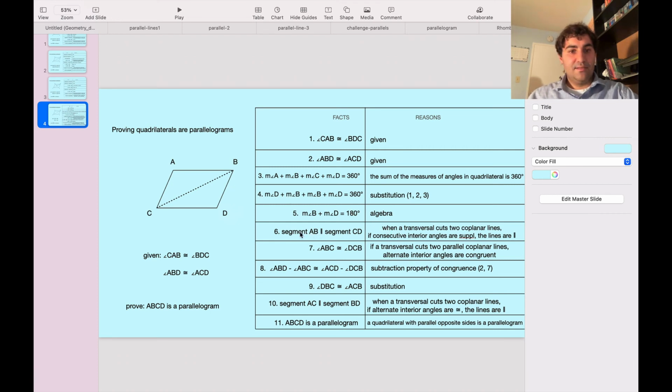So we know that segment AB is parallel to segment CD. We also know that if a transversal cuts two parallel coplanar lines, then alternate interior angles are congruent.